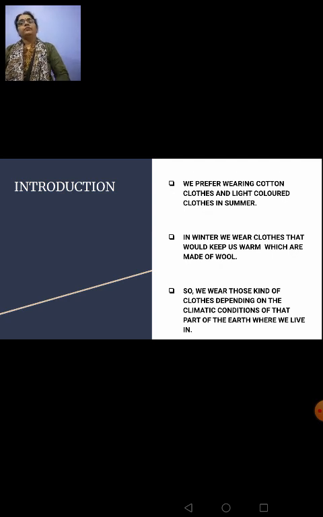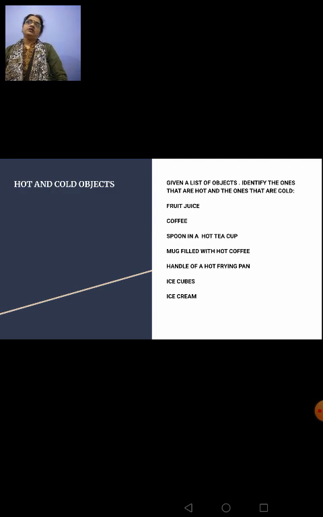First I'll give you a list of objects. From these you have to identify the ones that are hot and the ones that are cold. First, fruit juice, then coffee, a spoon in a hot teacup, a mug filled with hot coffee, the handle of a hot frying pan, ice cubes, ice cream.